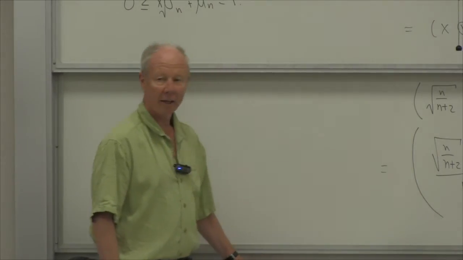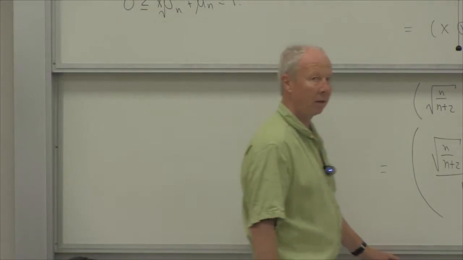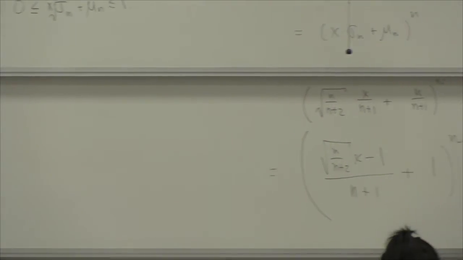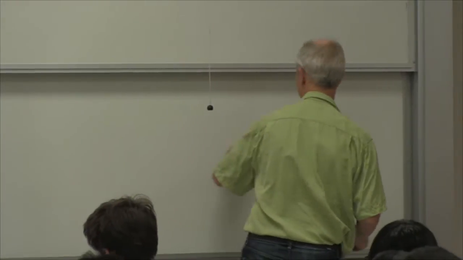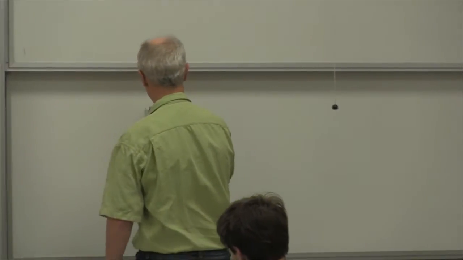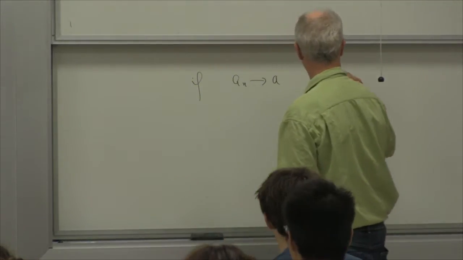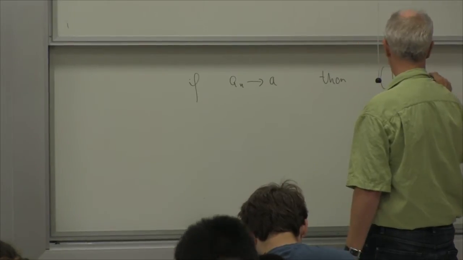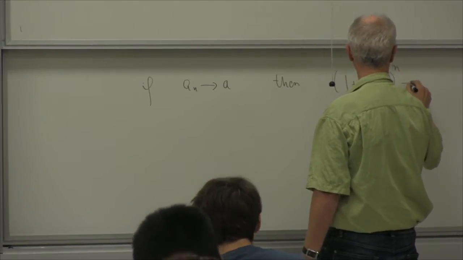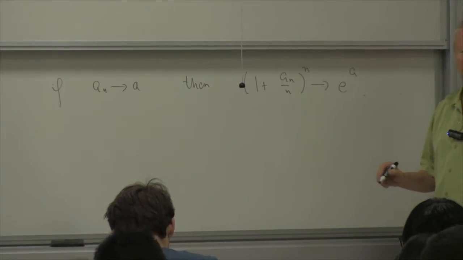Now, what was the exercise we did just a moment ago? It was if an goes to a, then 1 plus an over n to the n goes to e to the a.